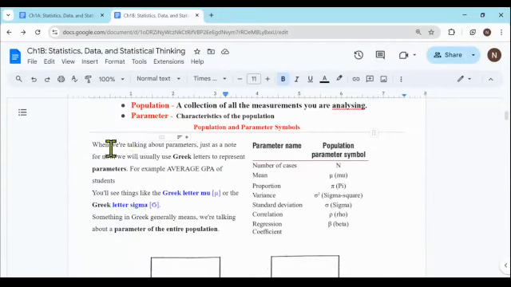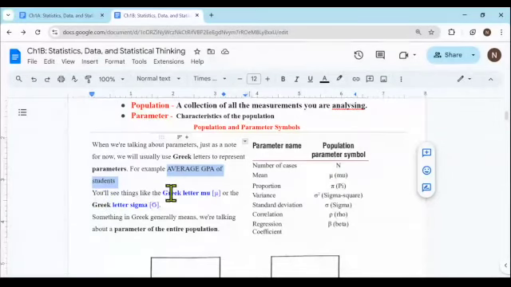So when we are talking about parameters, just as a note for now, we will usually use Greek letters to represent parameters. For example, if I'm talking about the average GPA of students, what letter am I going to use for the average? Average means mean. So I use mu.